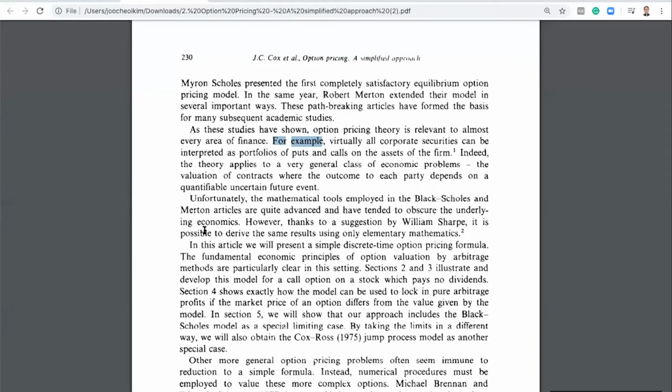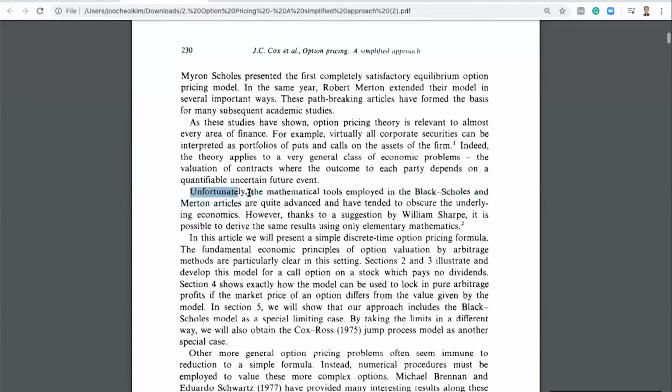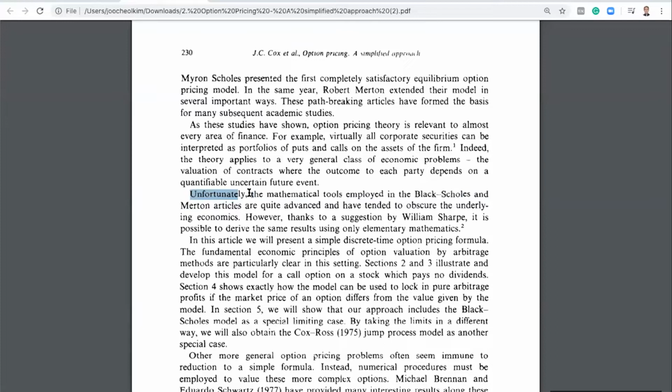But the problem here, unfortunately, is that the mathematical tools employed in the Black-Scholes and Merton articles are quite advanced and have tended to obscure the underlying economics. Their model uses a lot of advanced mathematics, so-called Brownian motion, Ito calculus, and all kinds of things.